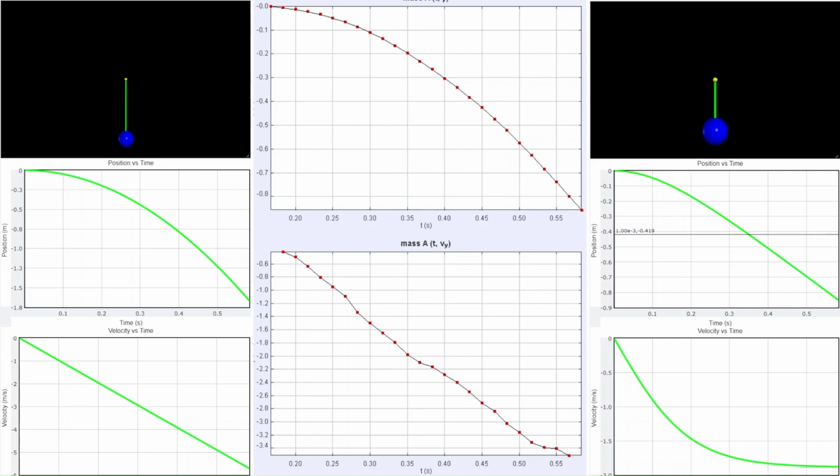It goes towards a terminal velocity. In this case, that terminal velocity is around negative 1.8 meters per second. And this just happens because as the acceleration rises and the velocity rises, the effect of the drag starts to increase, which causes it to level out at negative 1.8 meters per second.